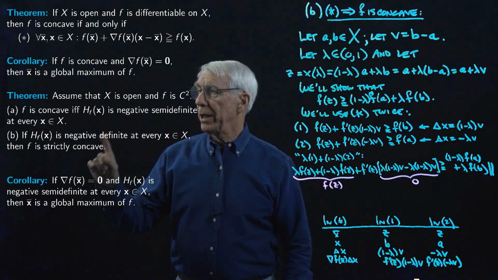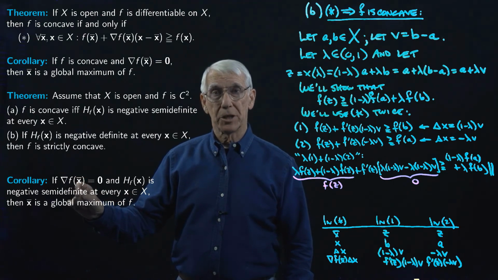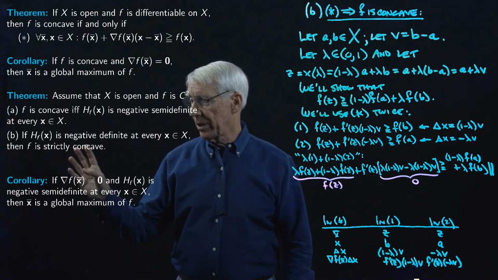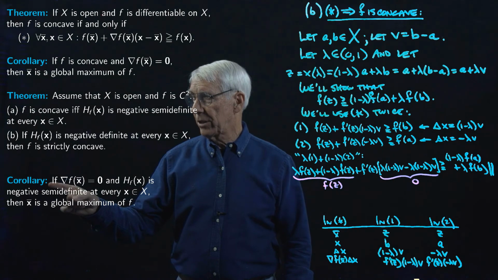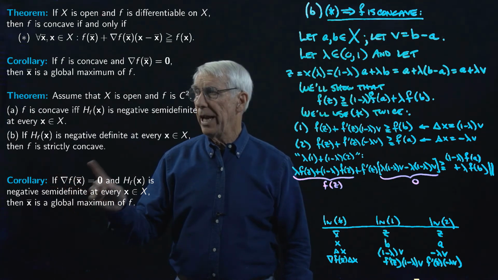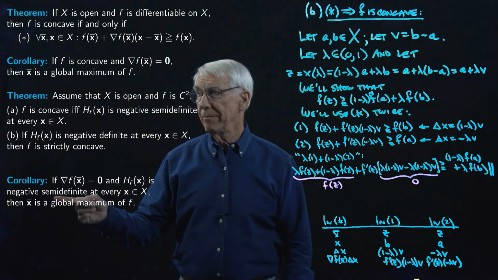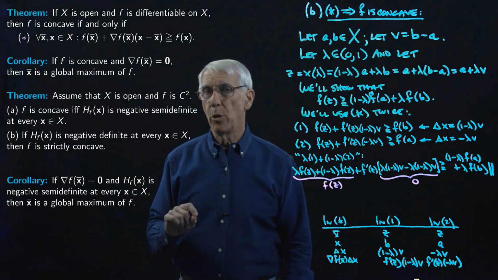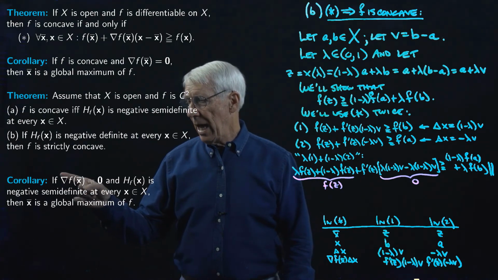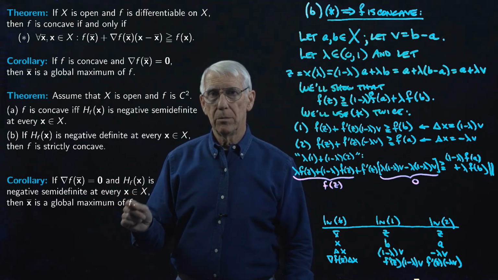So we could alter the sufficient condition in this corollary a little bit to say that if the gradient of the function at x bar is the zero vector, and if the Hessian matrix is negative definite at every point in the domain, then the point x bar is a unique global maximum.